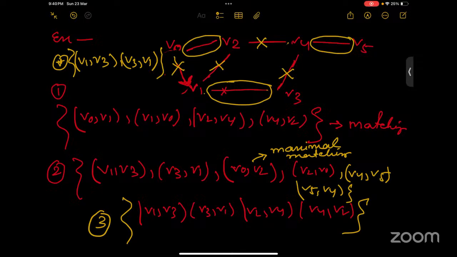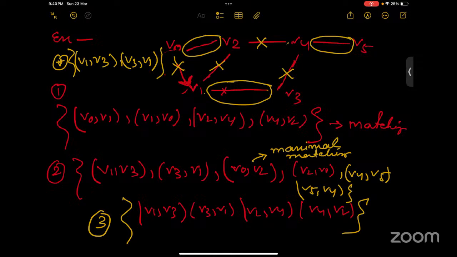But finding the maximal matching is non-trivial here, so we have to work on it. The maximal matching is the maximal number of edges we can take such that they are mutually disjoint. The cardinality is fixed, but the representation can vary. That means here we are taking this, but there can be others, right?